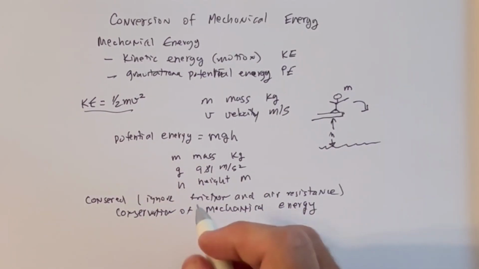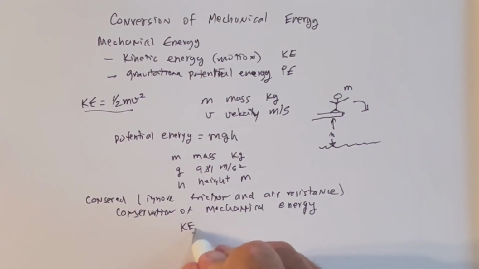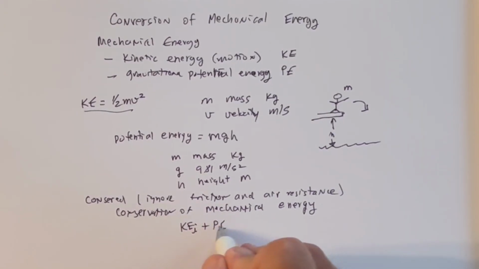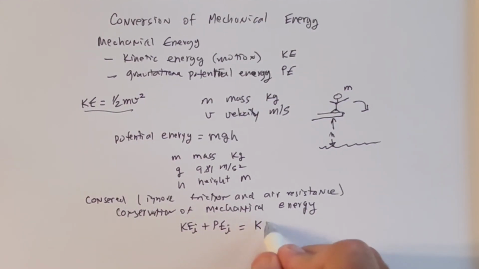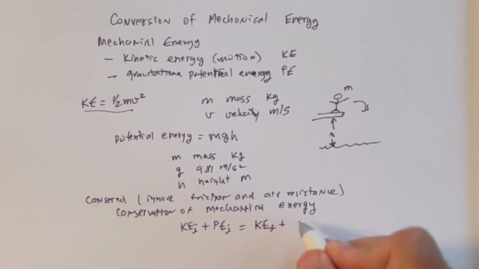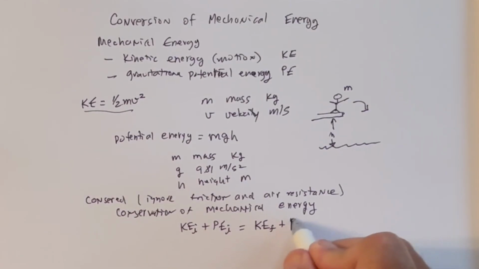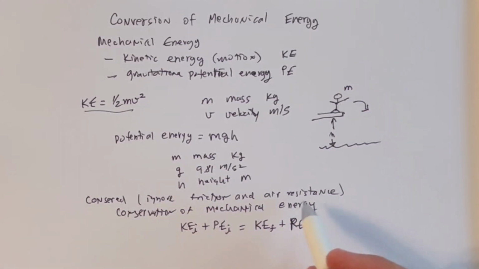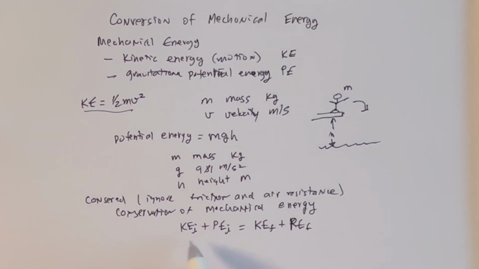It's the way nature works. So the kinetic energy initial plus the potential energy initial is equal to the kinetic energy final plus the potential energy final. So the energy remains the same as long as we avoid friction and air resistance. We'll talk more about those later. So this is going to be the conservation of energy, an extremely important concept in physics.